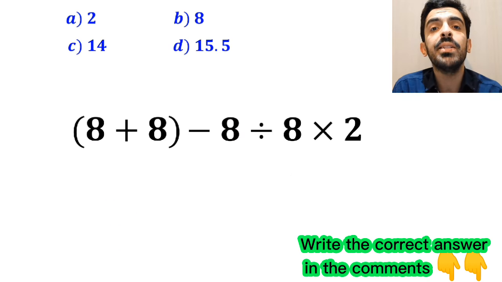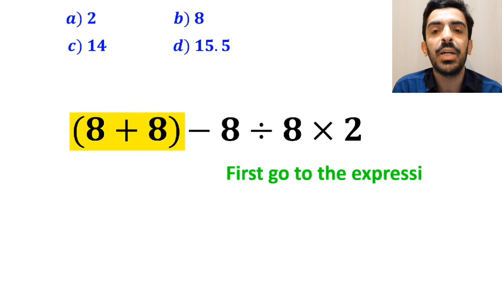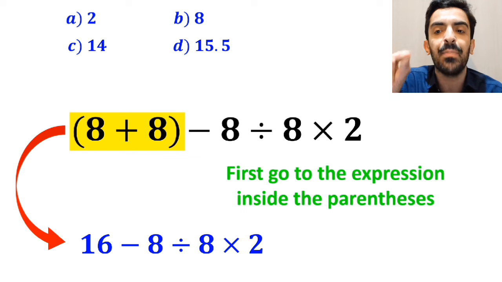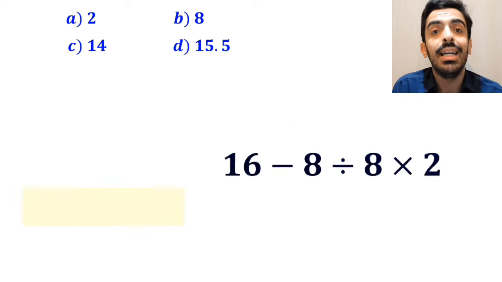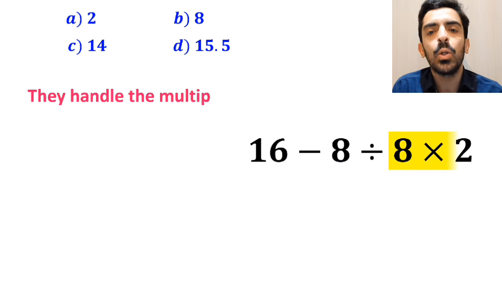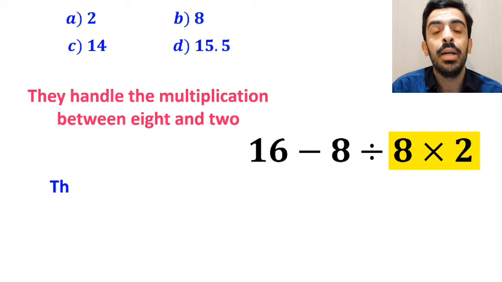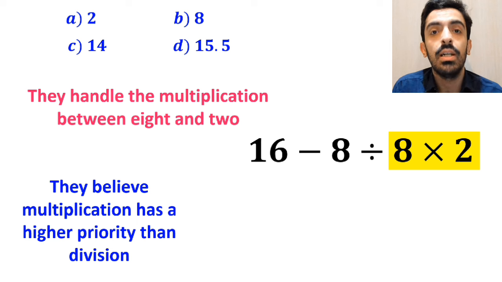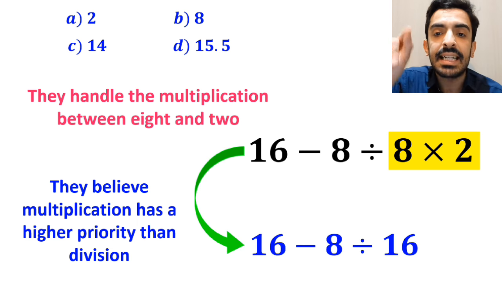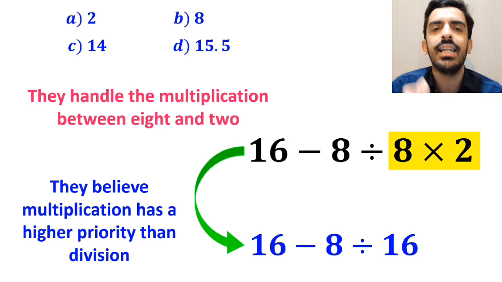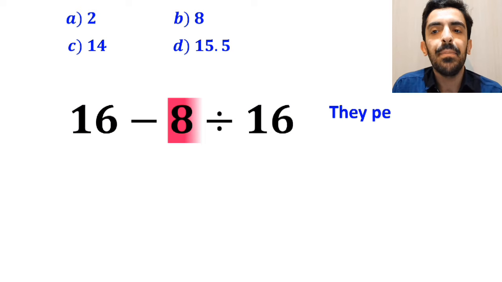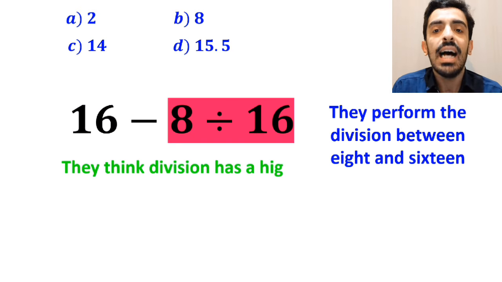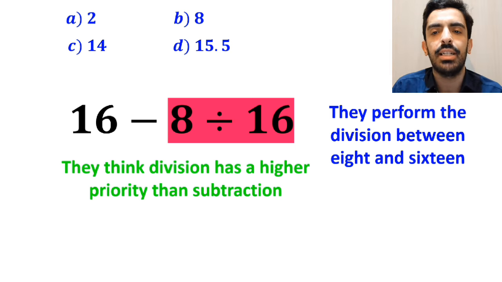Also, some other people first go to the expression inside the parentheses and write 16 - 8 ÷ 8 × 2. In the next step, they first handle the multiplication between 8 and 2 because they believe multiplication has a higher priority than division. So, they write 16 - 8 ÷ 16. In the final step, they perform the division between 8 and 16 because they think division has a higher priority than subtraction.